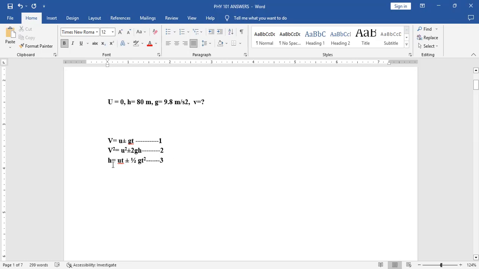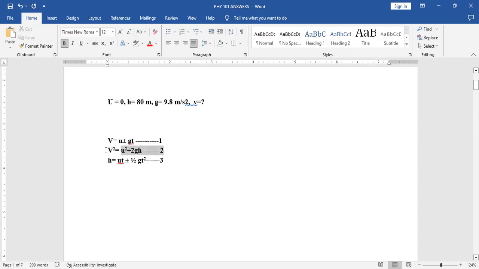Then equation 3 has height. And then v squared equals u squared plus 2as. This will be 2as, or 2gh. So equation 3 has time, and we do not have time here.